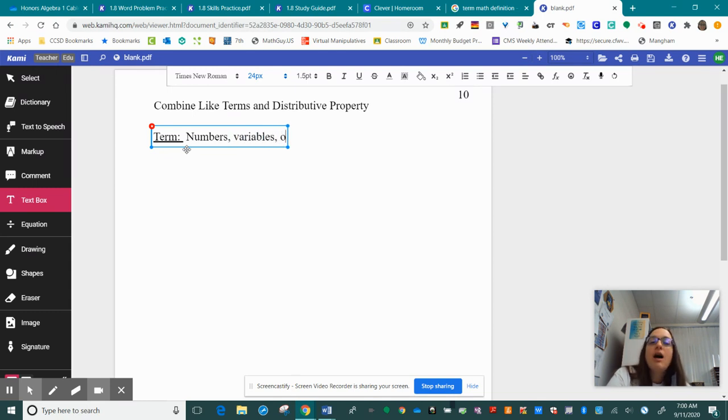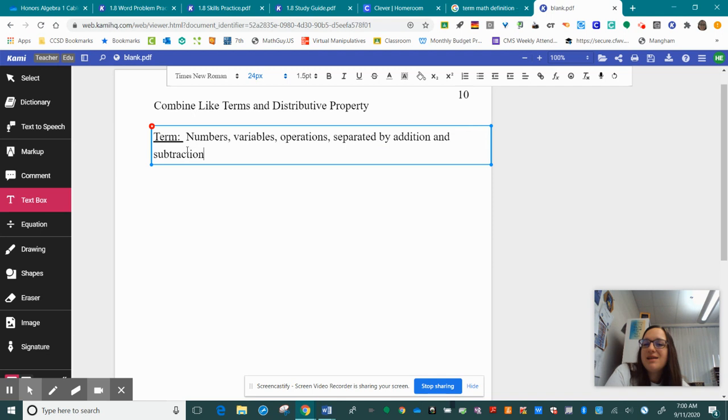It can even be operations, separated by addition and subtraction. Now, I'm saying subtraction. Technically, it's only separated by addition. But I want you to know subtraction because some of us still have trouble seeing that subtraction sign as a negative.